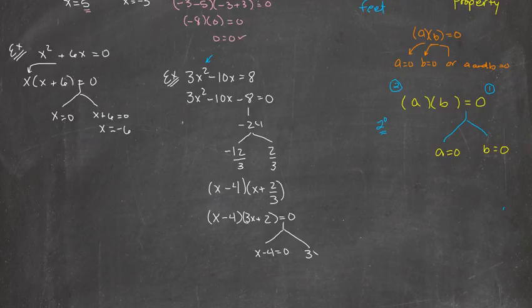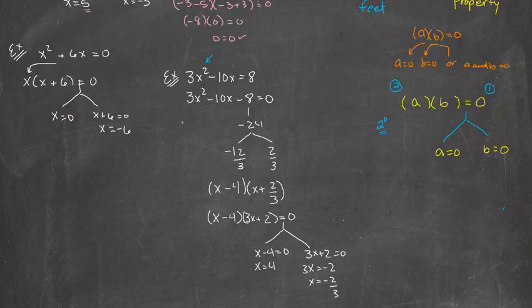So I'm going to write 3x plus 2 equals 0. So I can solve for the x that makes this whole factor equal 0. Well, in the first case, x would equal 4. And in the second case, 3x equals -2, and then x equals -2/3. There we go. There was a fraction solution for this polynomial.